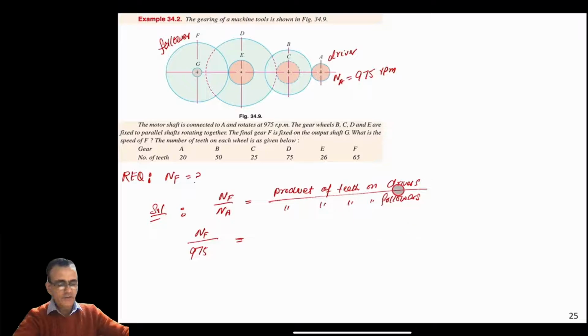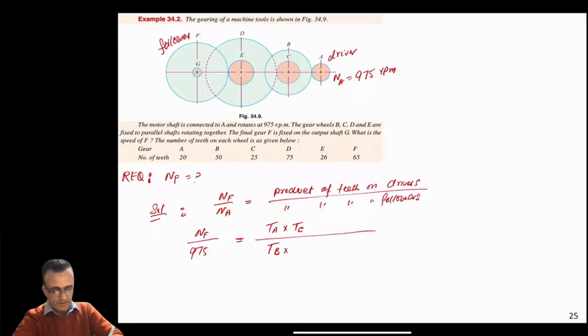So the first driver is A, and it is connected to B. B is follower, and then C is driver, and D is follower.